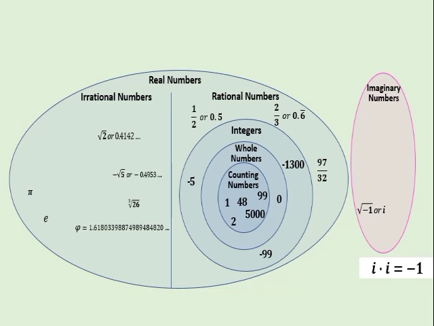Would it be useful, and how could we do it? Well, by taking the square root of both sides, we get this: i is equal to the square root of negative 1, which means that i is the answer to the square root of negative 1.